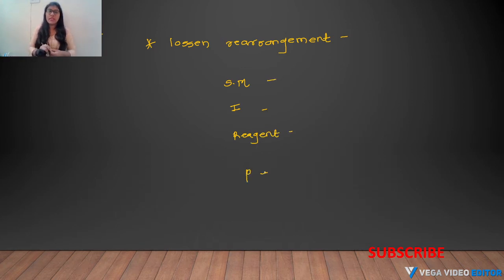The starting material for Lossen rearrangement is hydroxamic acid. Hydroxamic acid is the starting material.